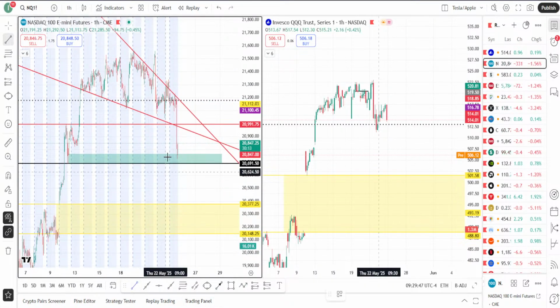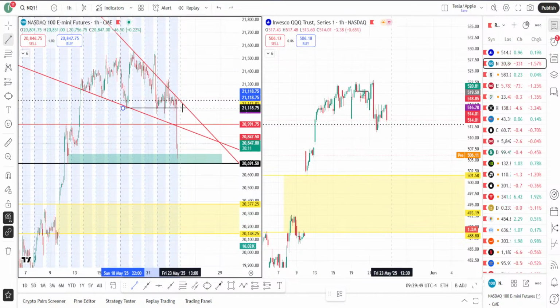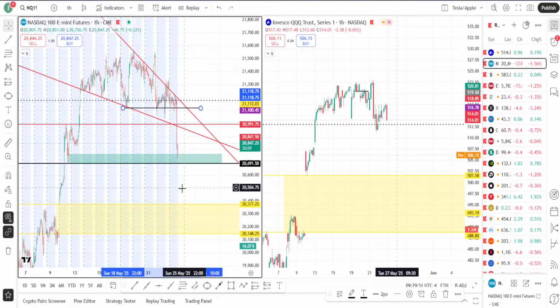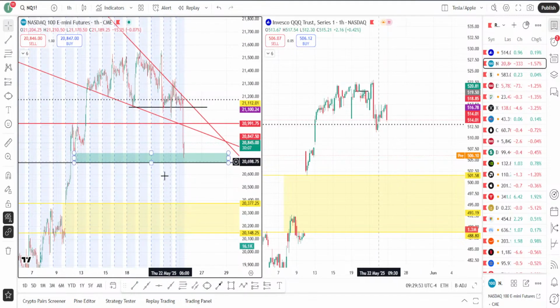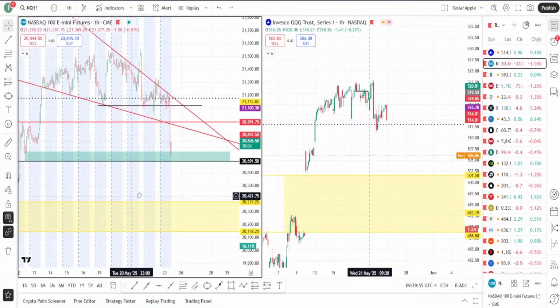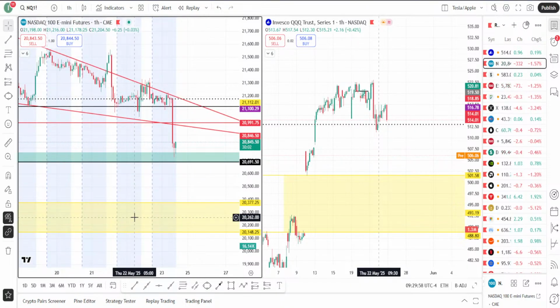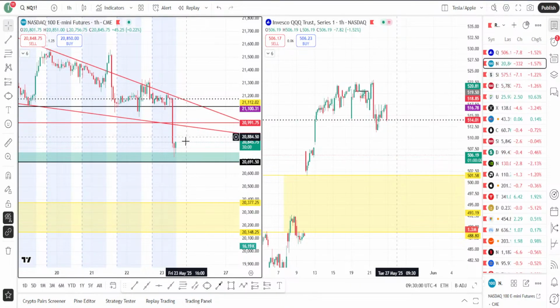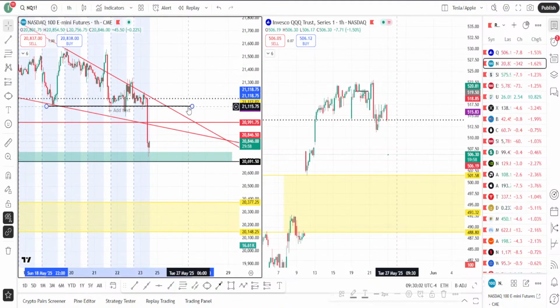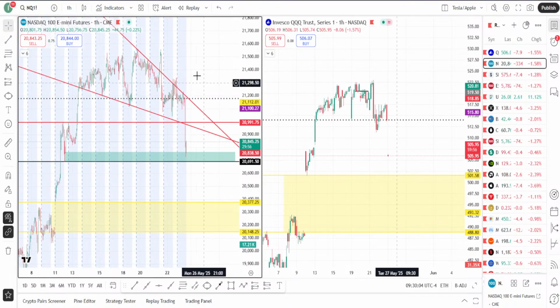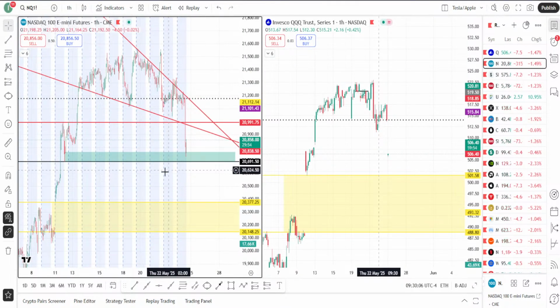Or we could also find resistance up here if we do start by ripping in the morning. But let's not worry about that yet. Let's just keep it nice and clean price action.